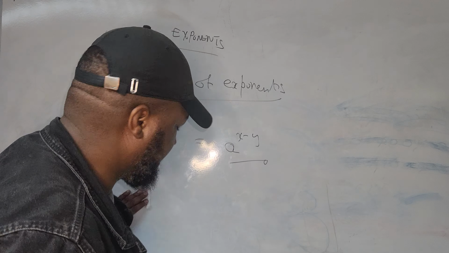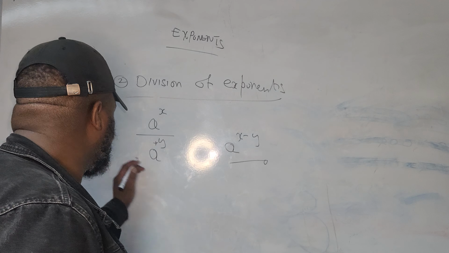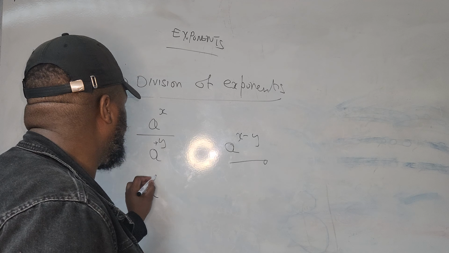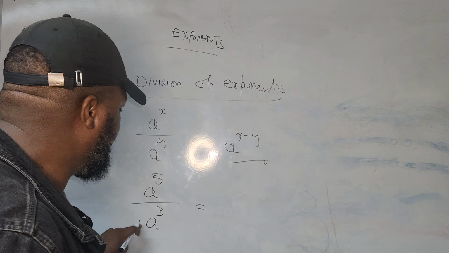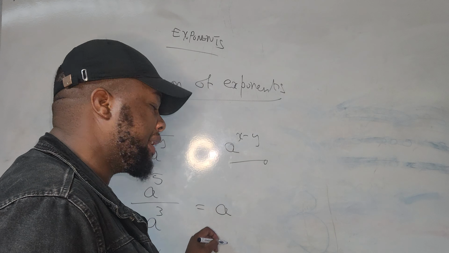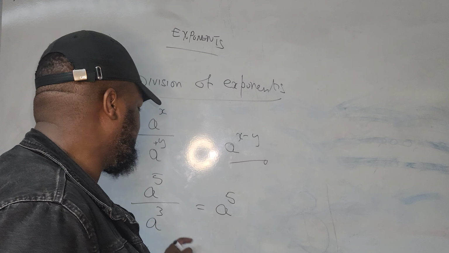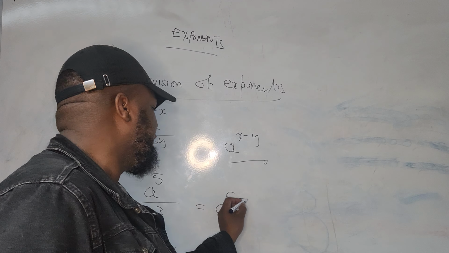Let's try and do another example quickly, guys. Let's say you have a to the power 5 divided by a to the power 3. Same bases, but we have division, not multiplication, right? So you write one base, and you write the one that is in the numerator, but this one that is in the denominator will go up, so it will change its sign. Because it's positive, it will become negative.